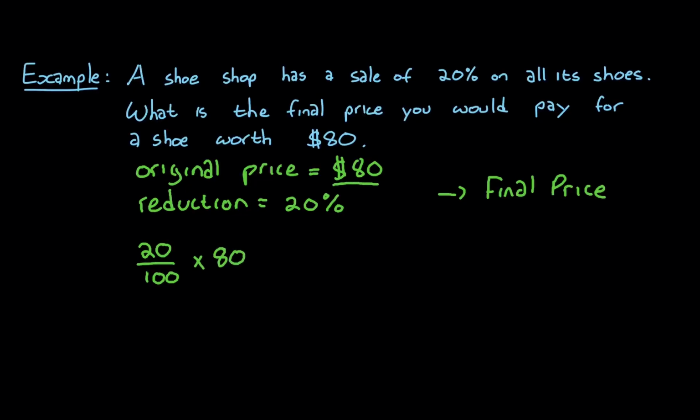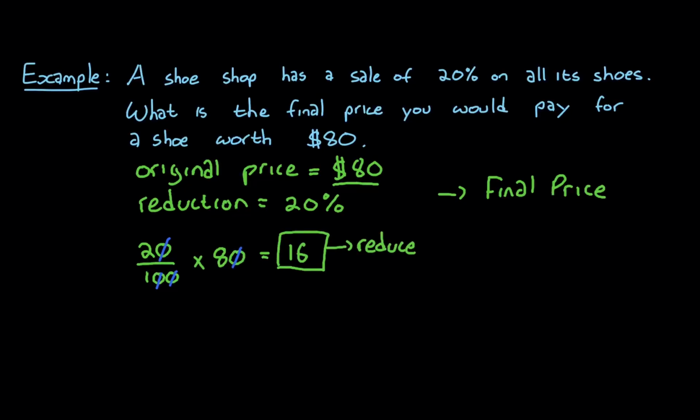You're finding 20%. So this would be equal to, let's cancel out the zeros, and you get 16. This is not the final price of the shoe. This is the price by which it would reduce.